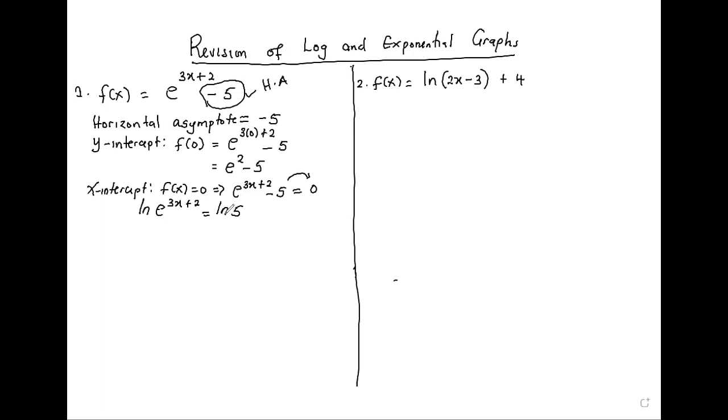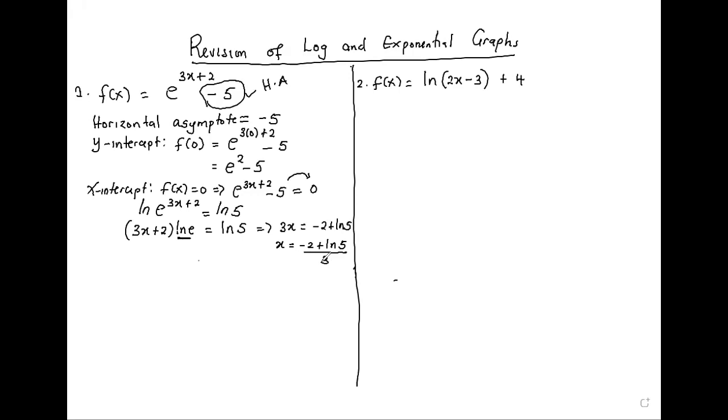Why ln? Because it is log base e. What does the ln do to the power? It allows the power to be dropped down. It remains as ln e is equal to ln 5, and ln e becomes 1. So now we have 3x is equal to, we take to the other side, ln 5 minus 2, meaning that x is equal to -2 plus ln 5 divided by 3.